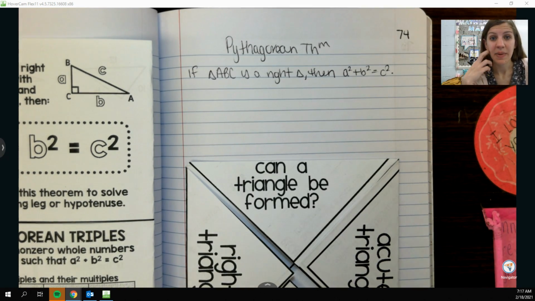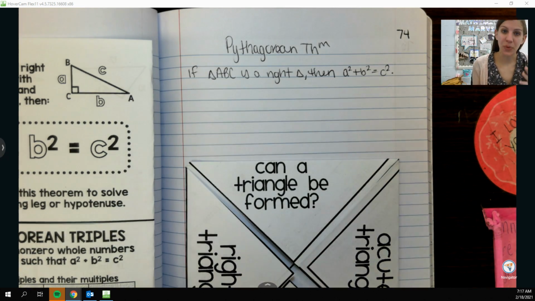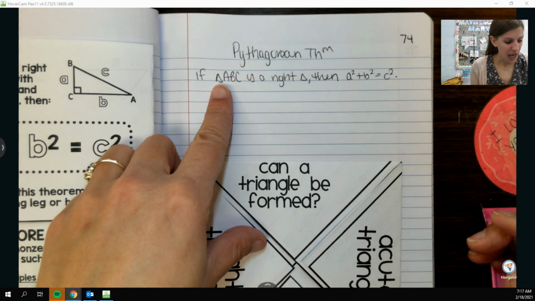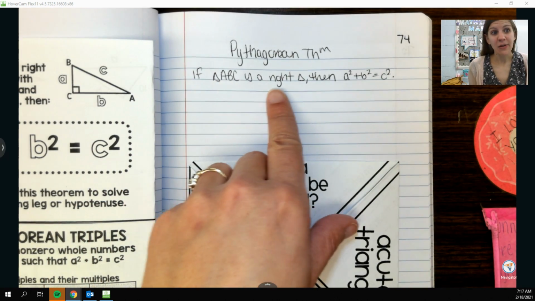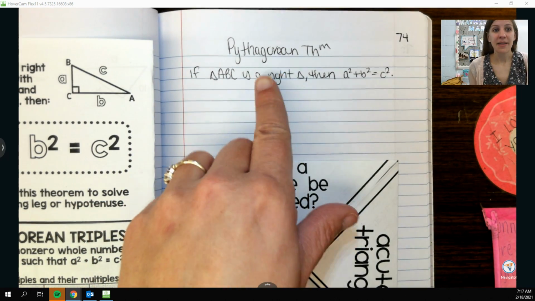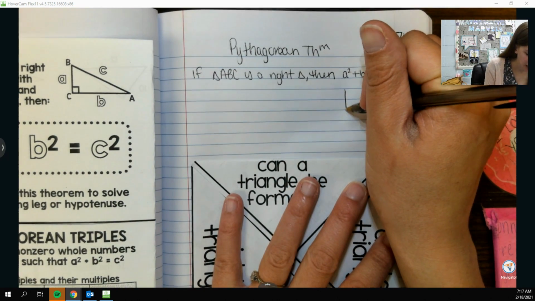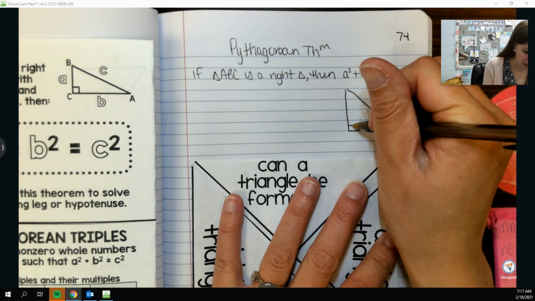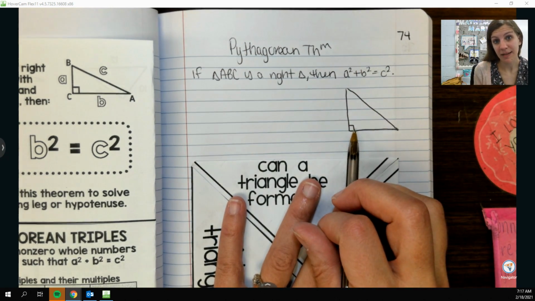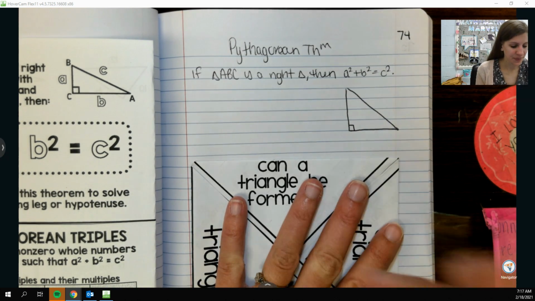Looking at it might not seem like there's too much going on there, but we have to understand a couple of things about geometry and what's proper to do. So firstly, with an if-then statement, you have to have that the if part exists, and then you can do the then part. So I need to be looking at a picture of a right triangle, and I'll know that I am because it'll have a little box in it. Or they have to tell me that I have a right triangle.